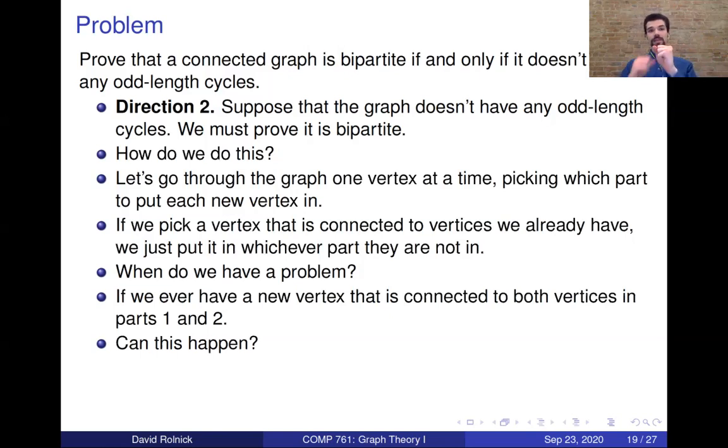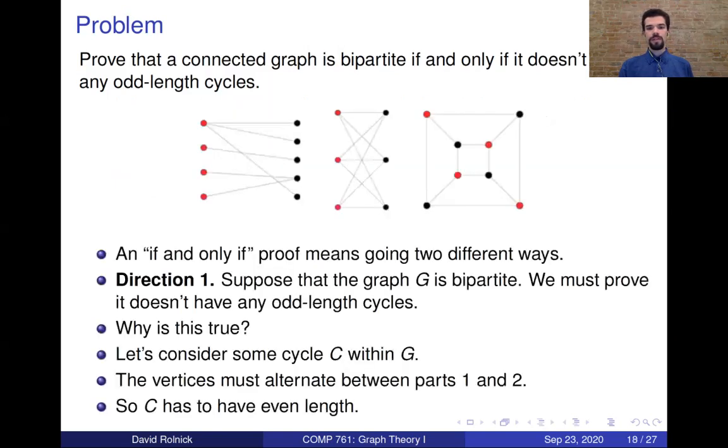We have something that's connected to both sides of the bipartite graph. We can go back and look at some bipartite graphs. Here's a bipartite graph. Suppose we have something else that's connected to both sides. Ah, yes, this would make an odd length cycle.